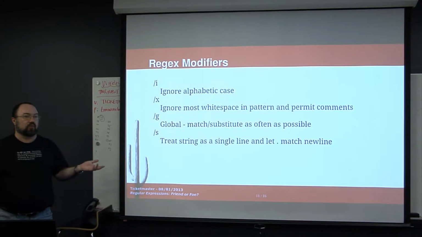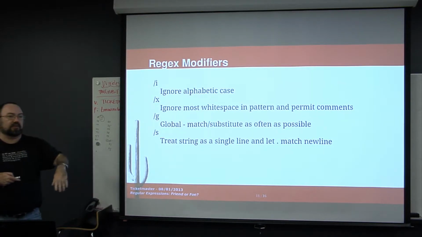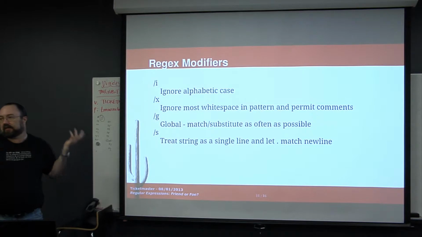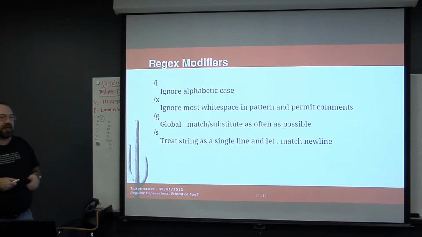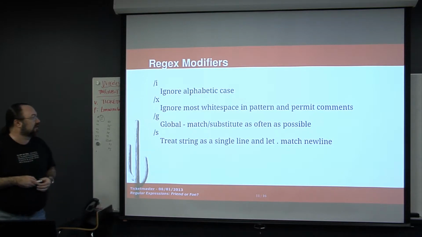Or if you wanted to do a word count, you could just look for everything that's not white space and count it as a word, or come up with a little more rigorous definition of what a word means to you, and use the G. It'll find every single one, and then you just count them up at the end, and then you know exactly how many words you've got in that paragraph, or page, or whatever it is.